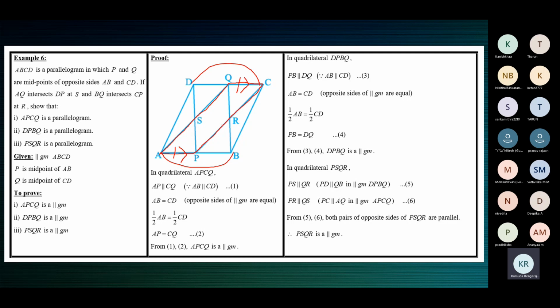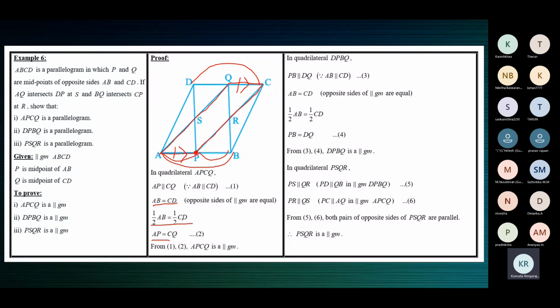So here, since P and Q are the midpoints, we say AB is equal to CD. Because you know the midpoint of AB and the midpoint of CD, half of AB is equal to half of CD. P is the midpoint, so that means AP is equal to PB. So half of AB can be written as AP.